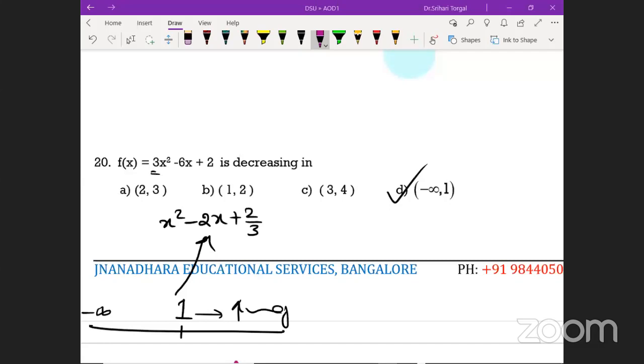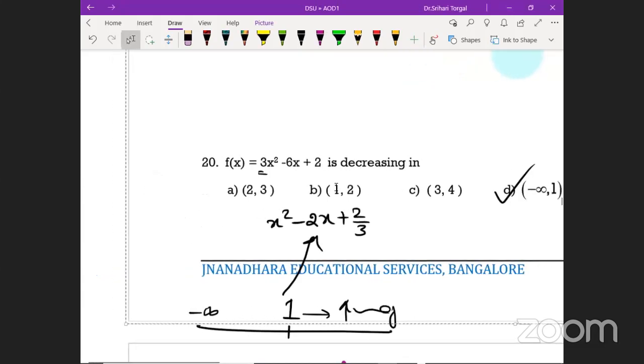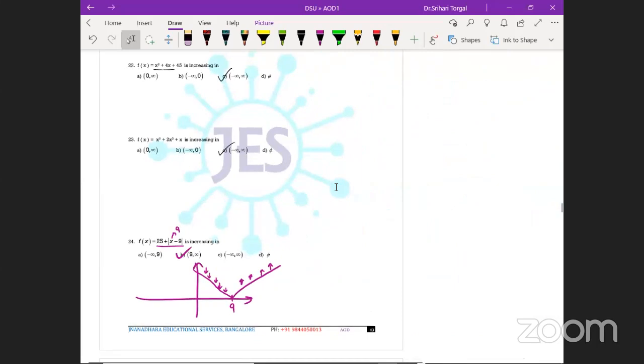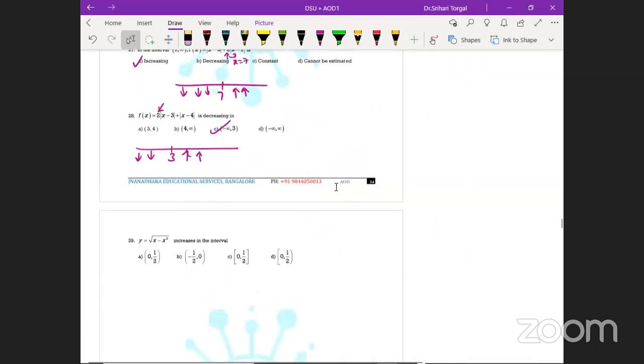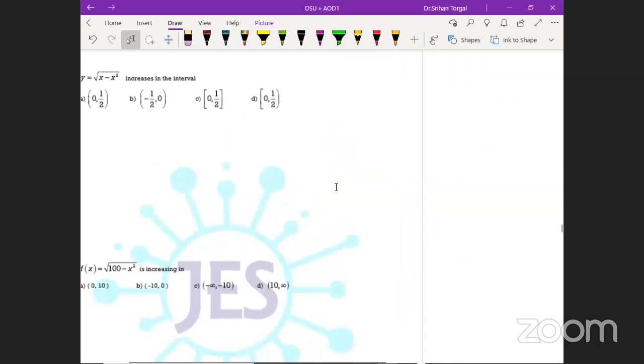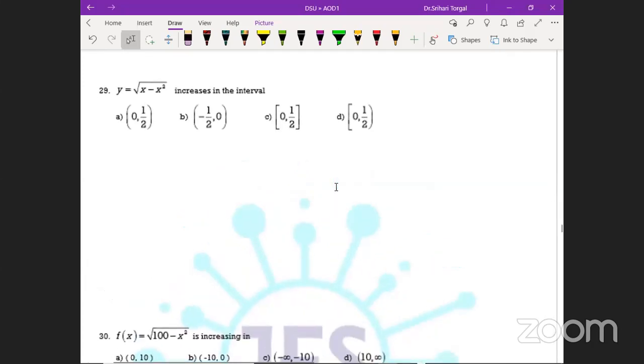Okay. Now, let me move on to the next kind of problem. Yes, question number 29. y equal to root of x minus x square. Please try it out.